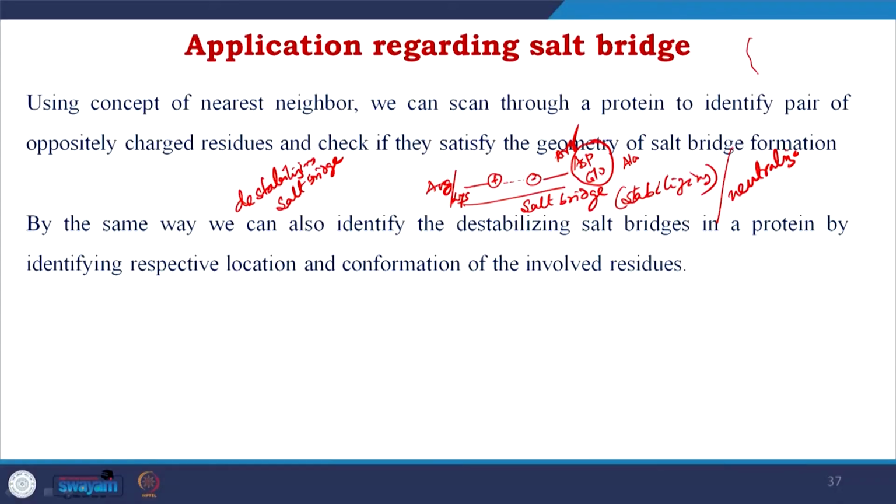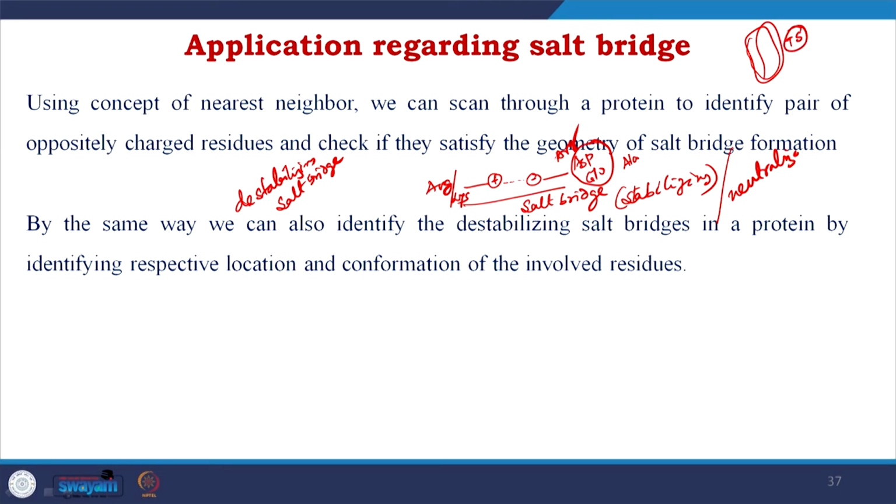Now, if you are listening carefully and understanding the concept, you will say, why would nature do that? You say nature is the smartest, and by making a destabilizing salt bridge, nature would actually introduce an adverse effect in a protein.